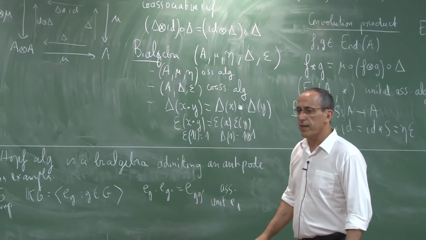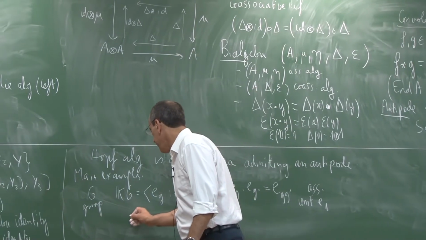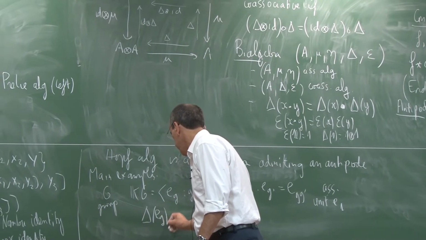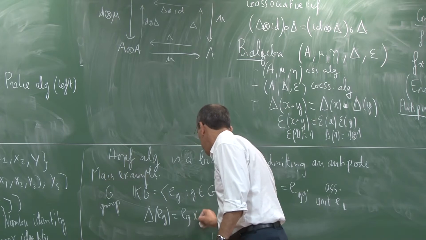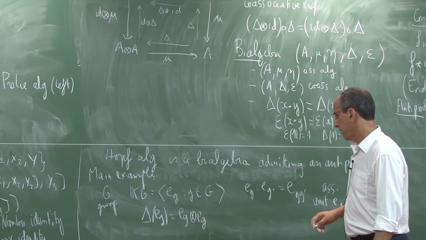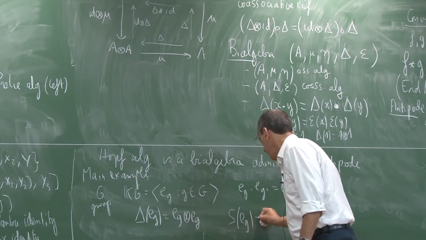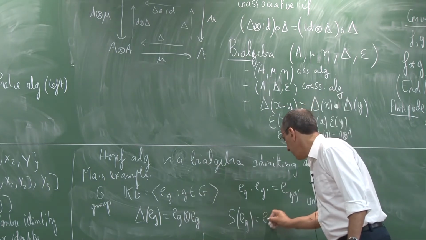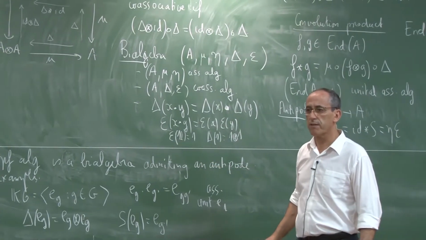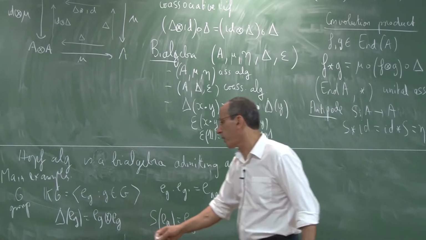You can endow this with a Hopf algebra structure by considering that delta of e_g is e_g tensor e_g, and S of e_g is e_{g inverse}. Then you get the Hopf algebra structure. What is the co-unit here? The co-unit is always 1.